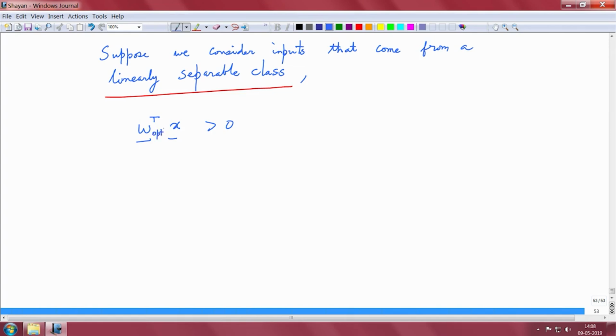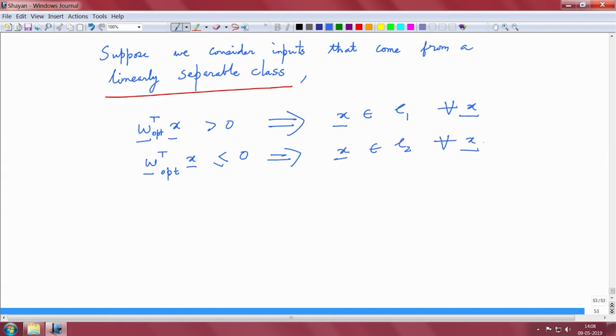So, there is some W which is optimal which we figure out, and if W optimal transpose X is greater than 0, this implies X belongs to C1 for all such X, and the other way around, if this inner product happens to be less than or equal to 0, then X belongs to class C2 for all such X whose dot product is negative or 0.